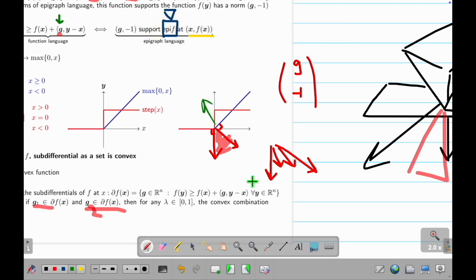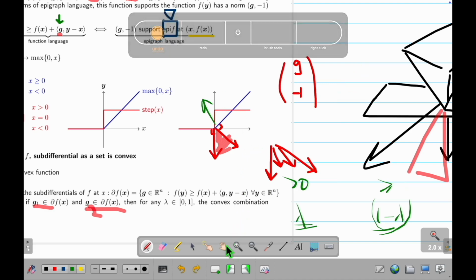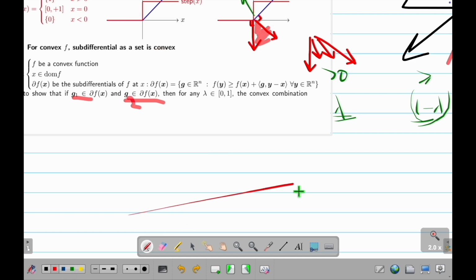Similarly, this is not. Okay? Why? Because in a convex combination, if you forget, we have this number and this number, and they are always larger than 0. So we cannot turn back. We cannot have negative. Negative means an arrow turns back. So this is not a subgradient. Okay? So this is different from a hyperplane. With a hyperplane, you have a line and you have two normals, because in A inner product X, you can always put a negative sign here and a negative sign there, right?